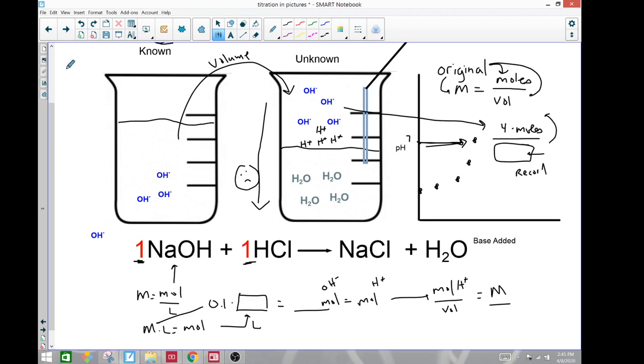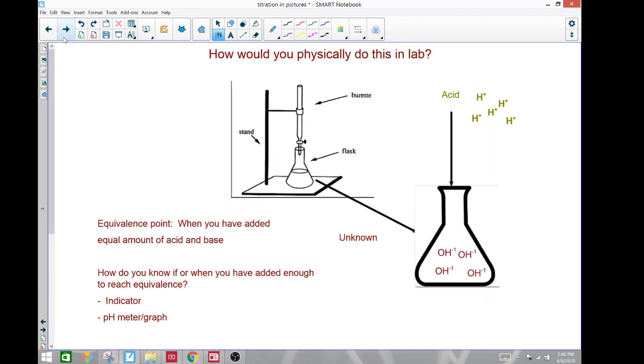All right, let's try another example here. How do we physically do this in lab? Okay, so we're likely going to have a lab video, or you'll be in lab. You could try it out, or you'll see something at some point of what this looks like. So a few things. One, we have a device up top here. It looks just like that. It's got a little valve on here.